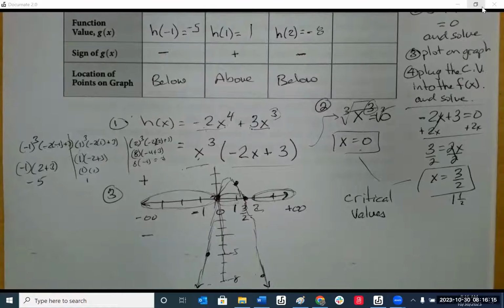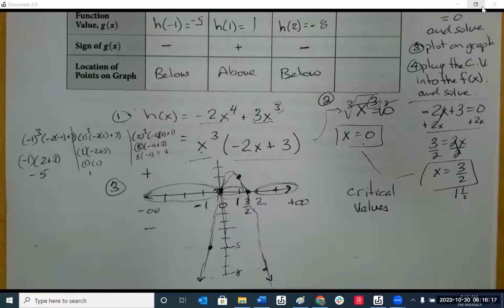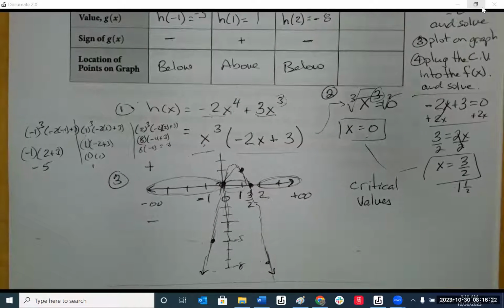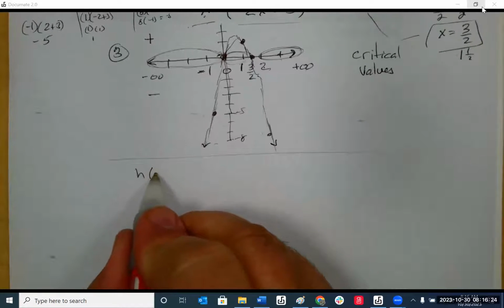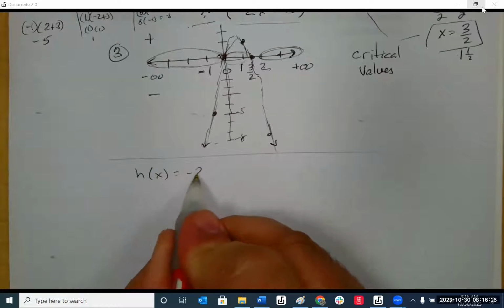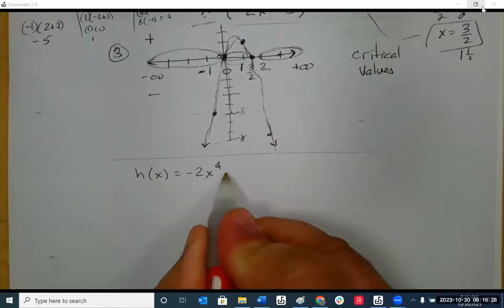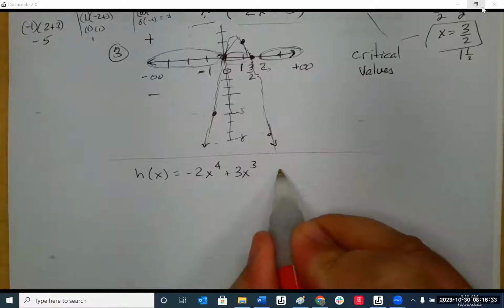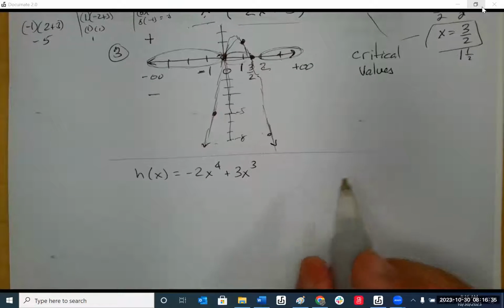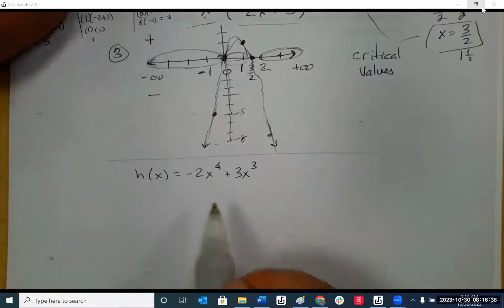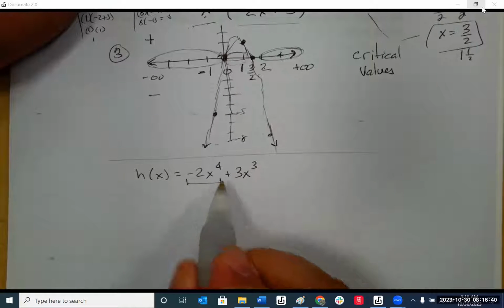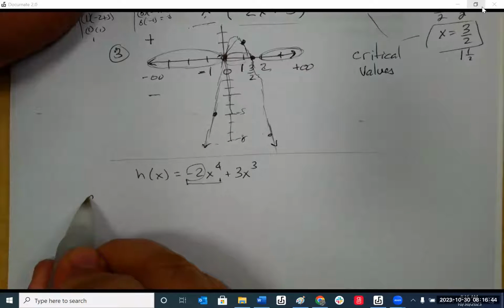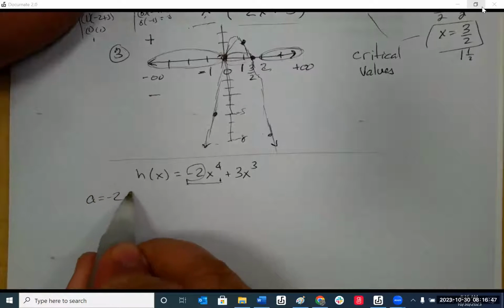But let's look at the way I showed it to y'all in the last section. Do the same graph, the same function from the last section. From here, remember, look at the leading term. A equals -2, which is less than 0.